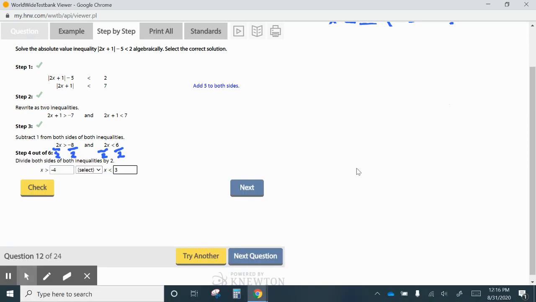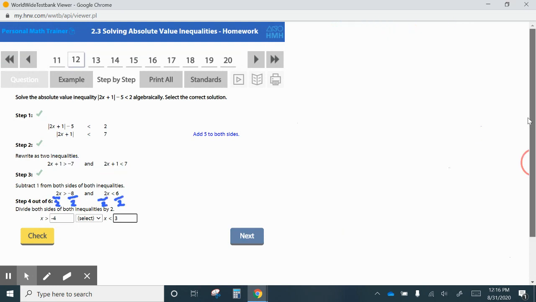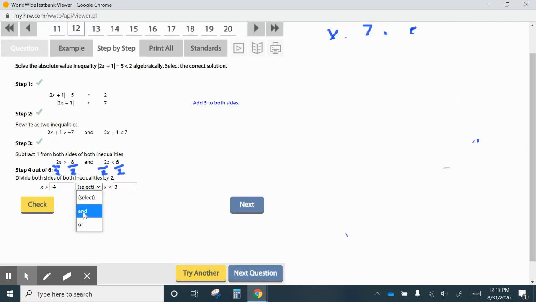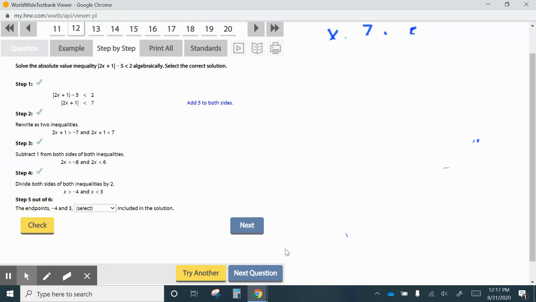Now we know that it's back to the original. It's a less than statement, so it's and. Okay, the endpoints. Now there's no line underneath, so they're not included.